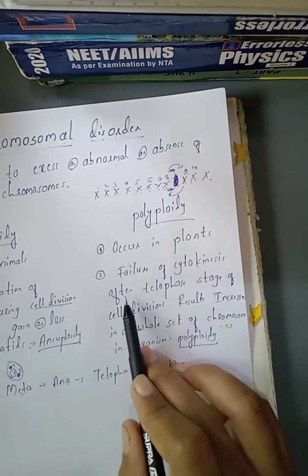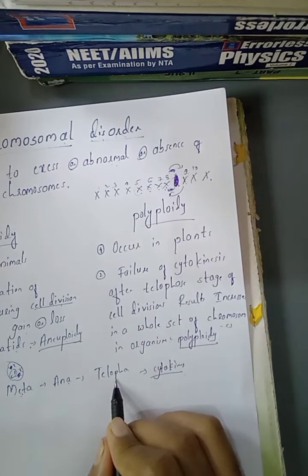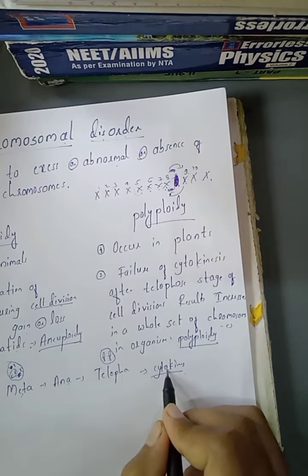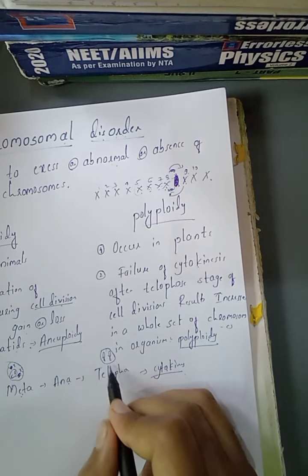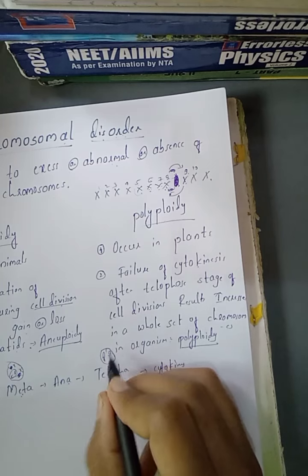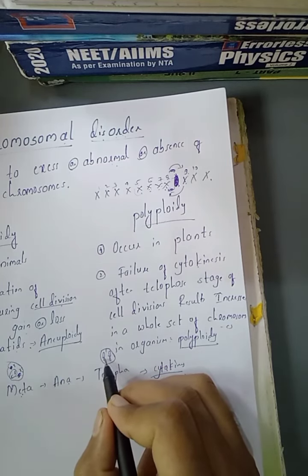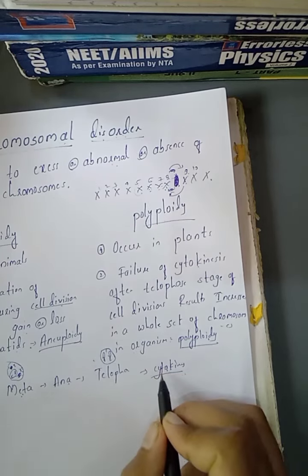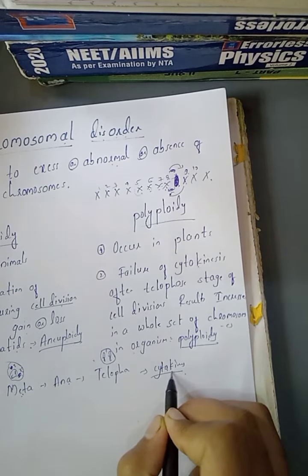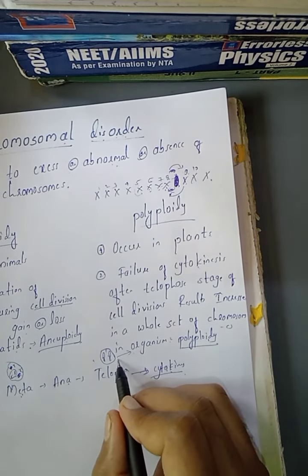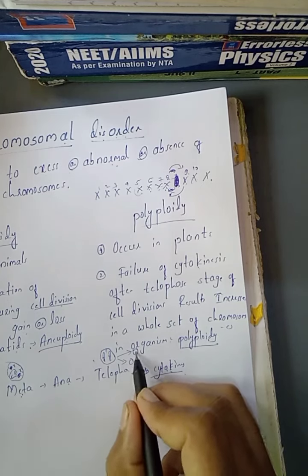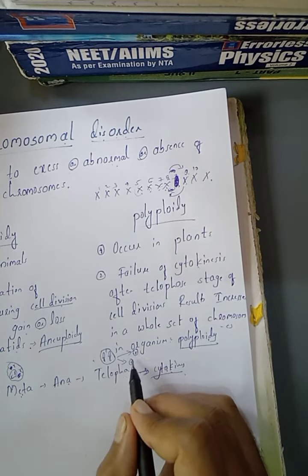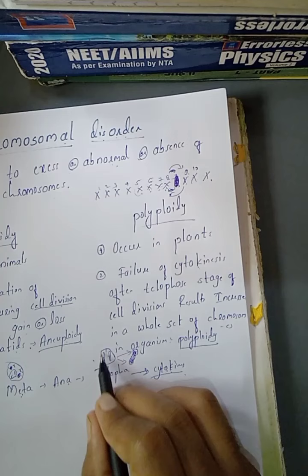Now polyploidy. It is the failure of cytokinesis after telophase. In telophase there is a complete arrangement of chromosomes. Cytokinesis means the division of the cell: one set of chromosomes goes to one cell and the other goes to another cell. In polyploidy no cytokinesis occurs. In a normal human body it becomes 1 and 1, but in polyploidy the cell is not divided at all and stays together.